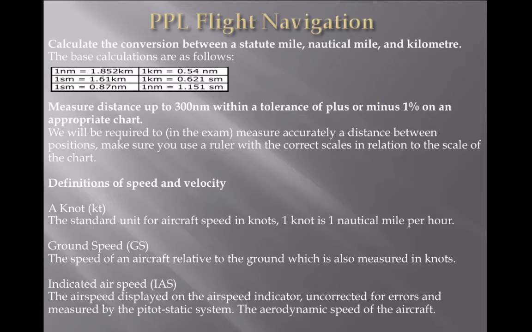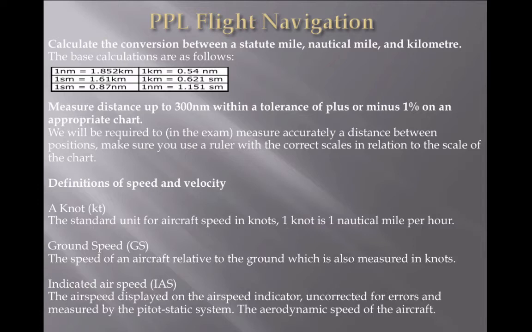So if you're given a chart with a scale of 1 to 500,000 or 1 to 250,000, make sure that the ruler you're using probably has both, one on one side, one on the other. Sanity check that, make sure you're using the right scale in relation to the scale of the chart that you're taking it off.